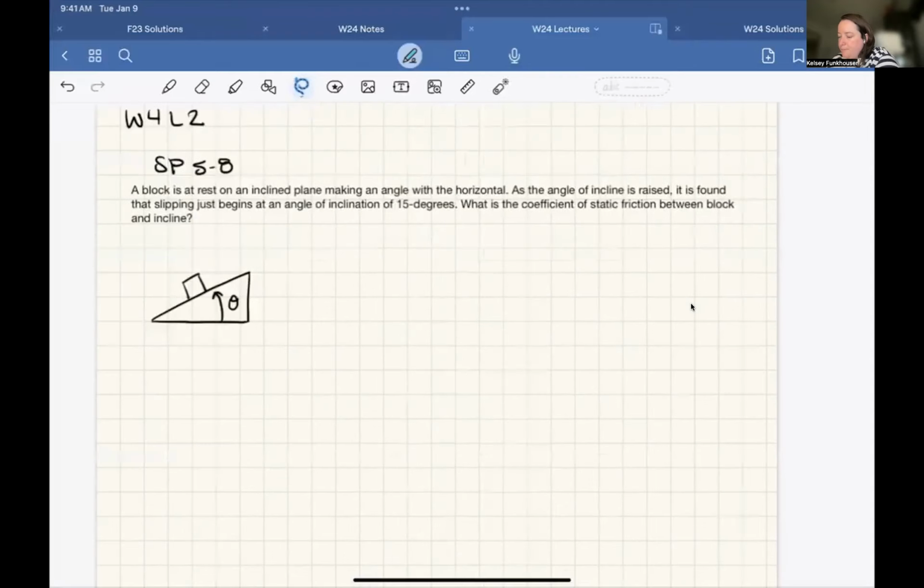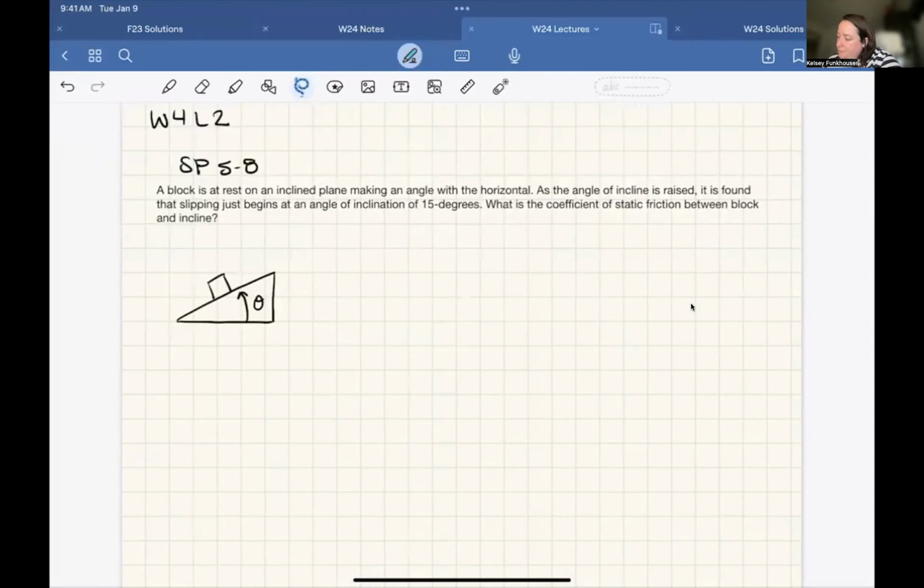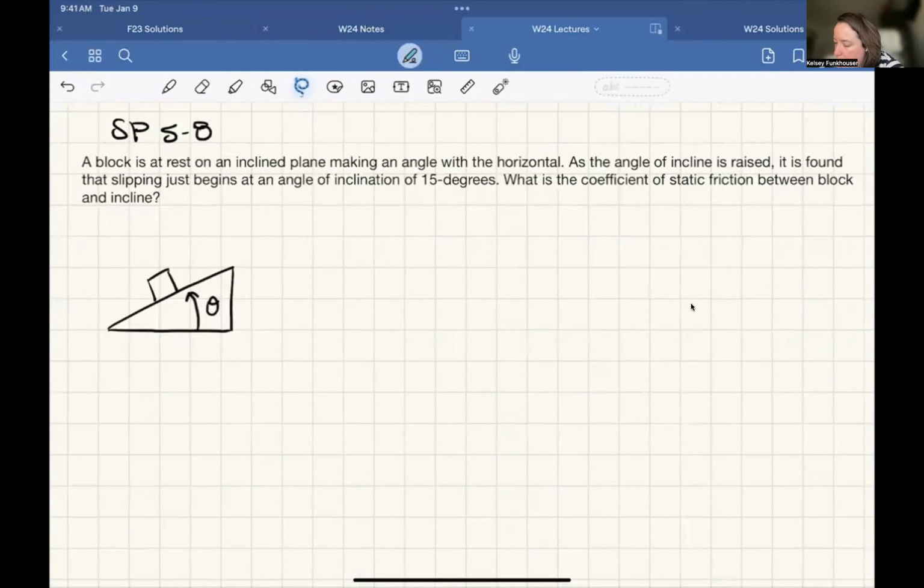Okay. Zoom in a little bit. So I've drawn the situation for you. Block at rest on an inclined plane, making an angle with the horizontal. And I think we will just start with our free body diagram and break down the problem more as we go.